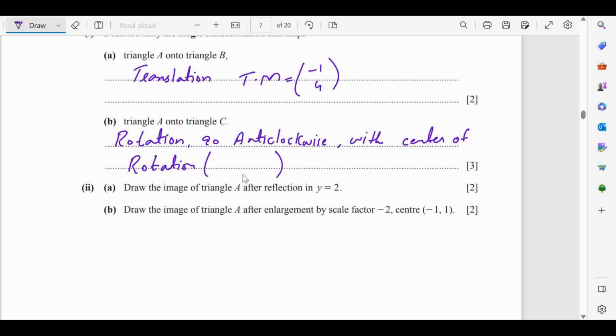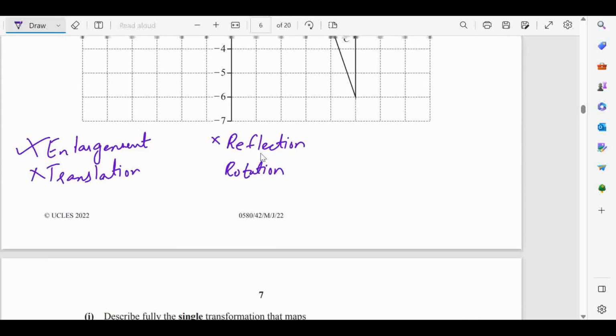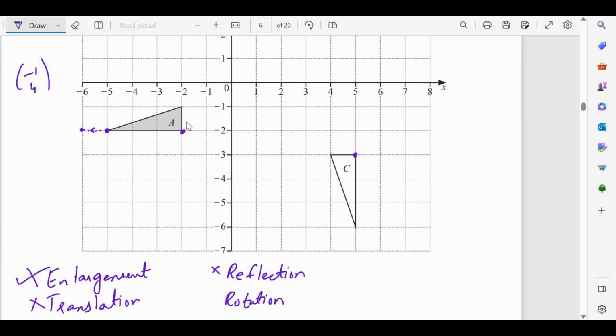For center of rotation we need to connect the corresponding points with a straight line. The corresponding point of this will be this one. So we can connect it.